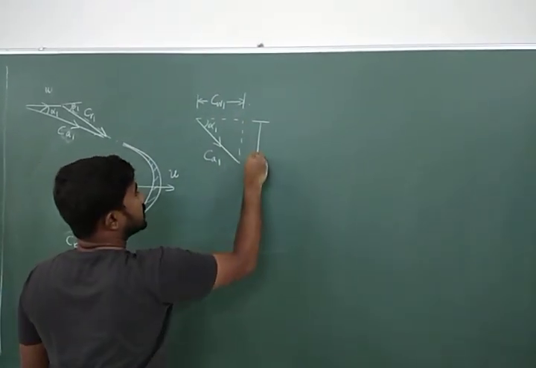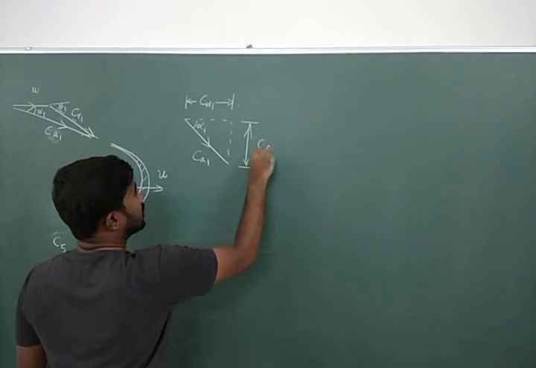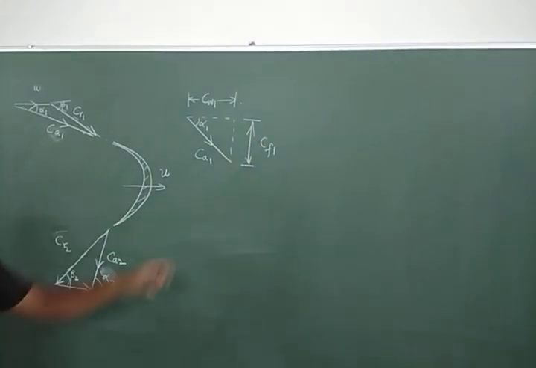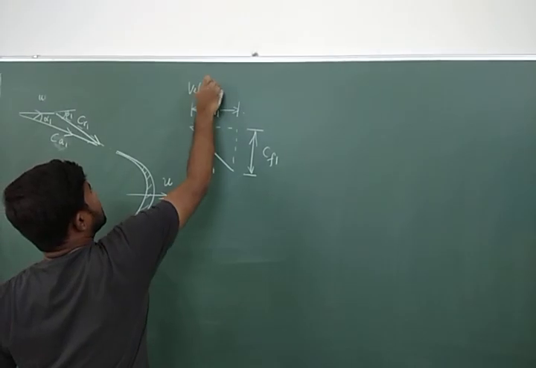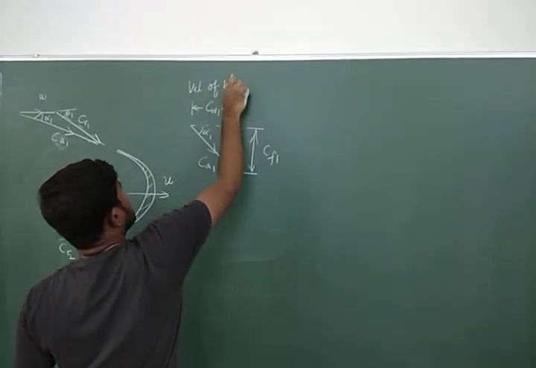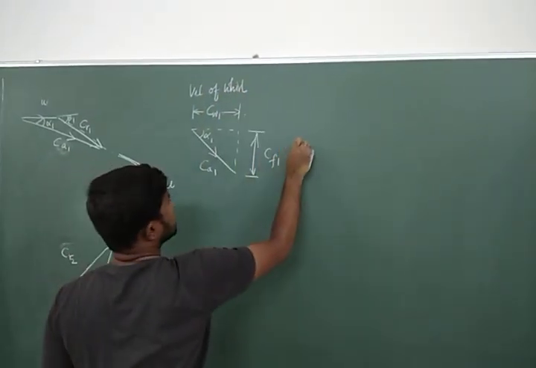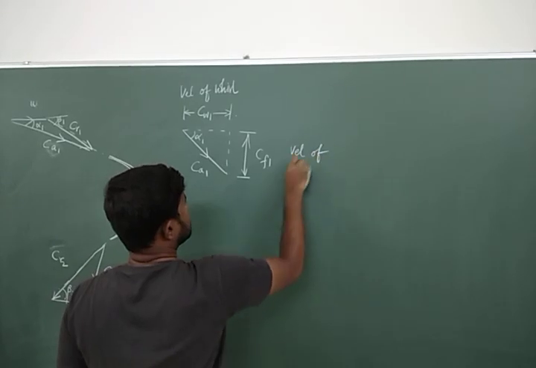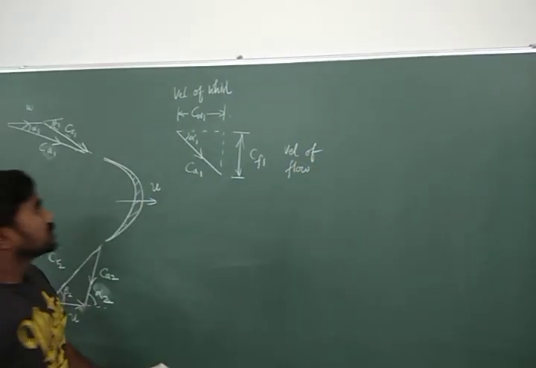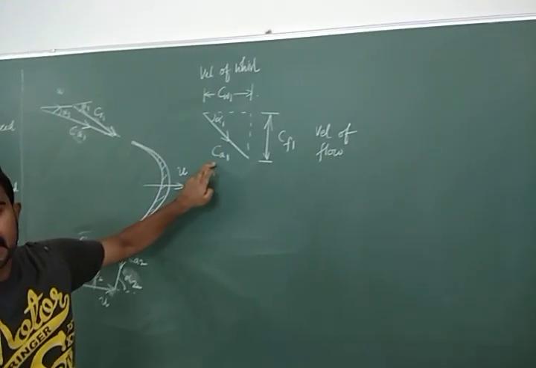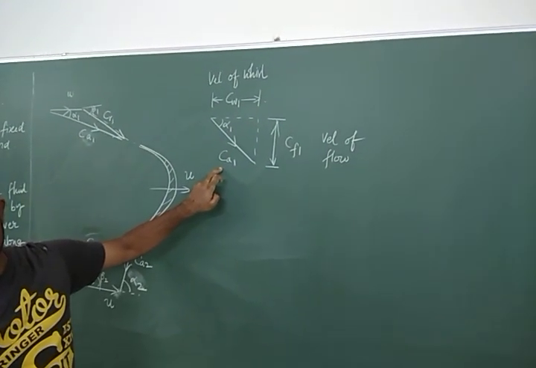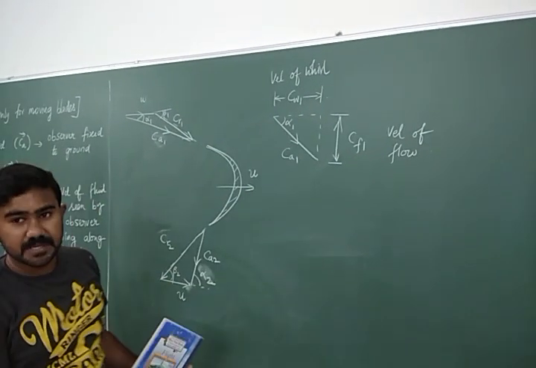And this perpendicular component, I call it CF1. This is called the velocity of flow. The whirl velocity and flow velocity are nothing but the components of the absolute inlet velocity. Are you with me?